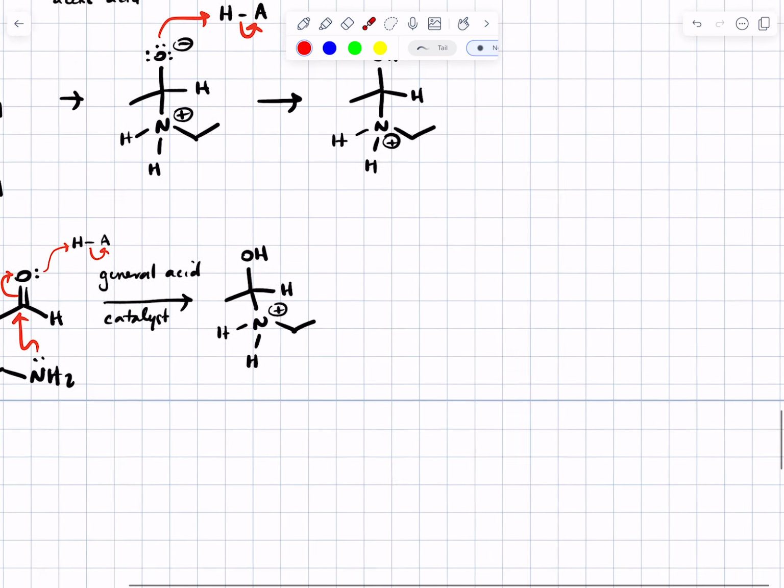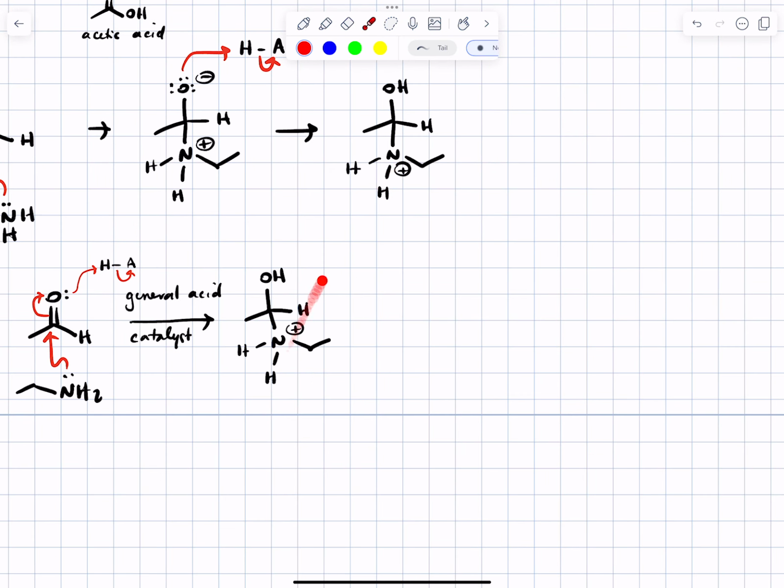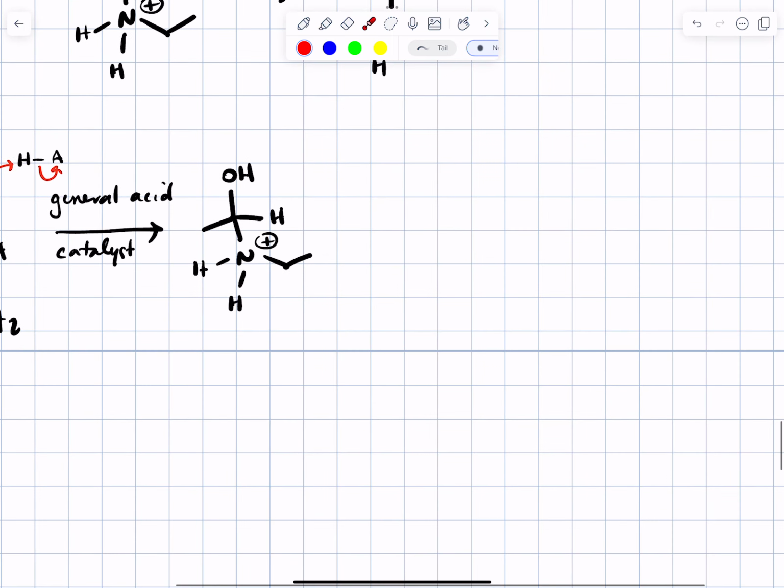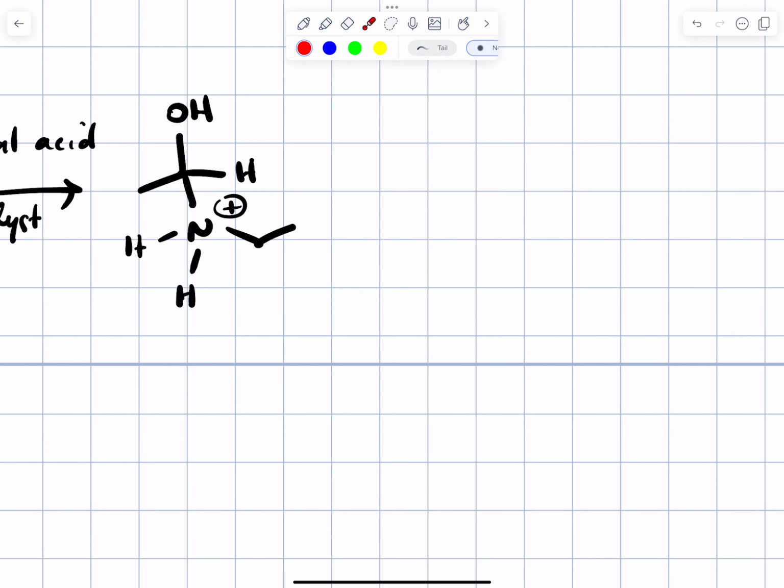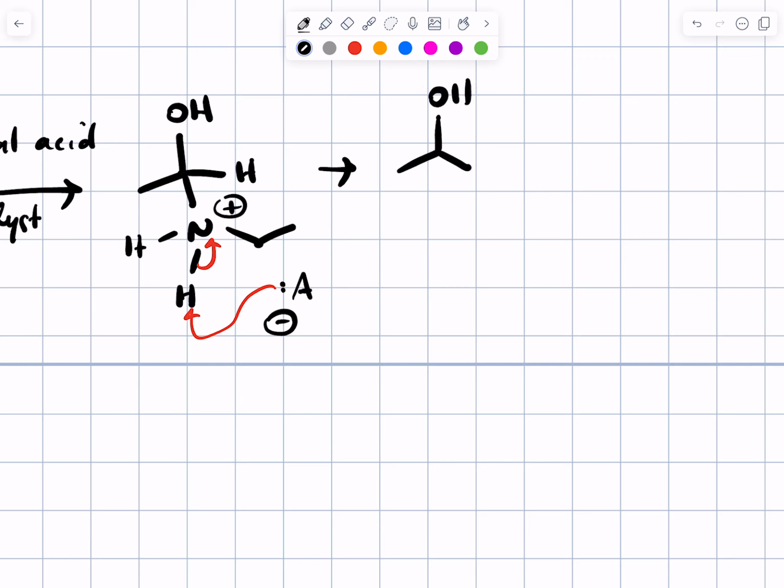So what I will do from this point on, because these intermediates are identical, applies to both situations. It's likely at this stage that the conjugate base of our acid removes a proton from the positively charged nitrogen, generating this neutral intermediate and restoring our acid catalyst.